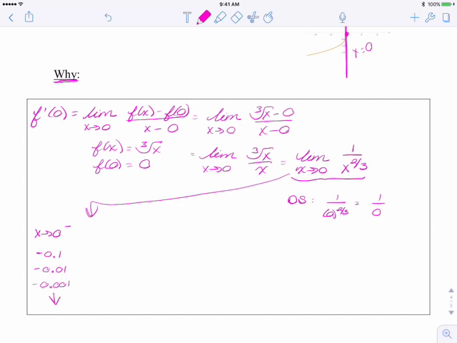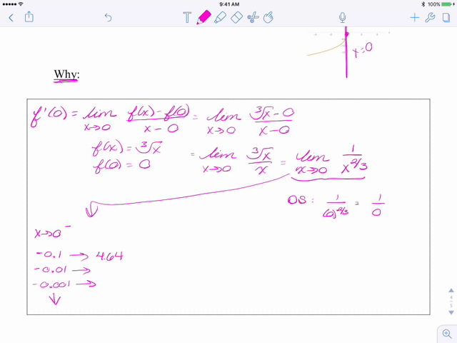So what's going to happen in all of these cases, and the calculator can help us out here, which is what the calculator is for, if we take 1 and divide it by negative 0.1 raised to the 2/3 power, that is going to give me approximately 4.64 as our function value.